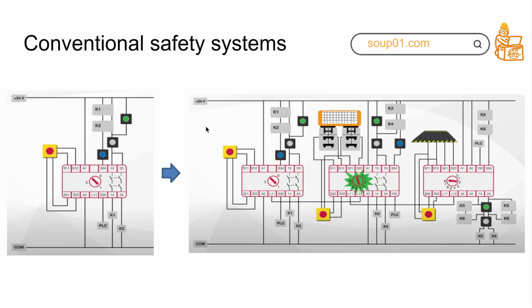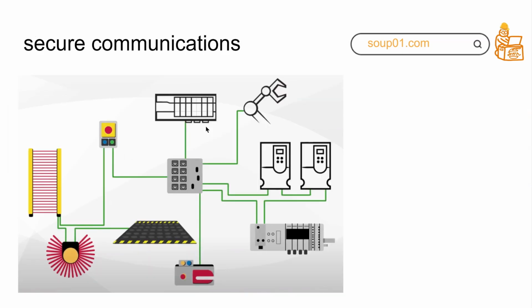But if your safety application becomes big, your input and output numbers will increase and your wiring will become very complex. Even if you have any trouble, it's not easy to find out what happened in your system. And if you want to change your system, it will take a lot of time to rewire it.